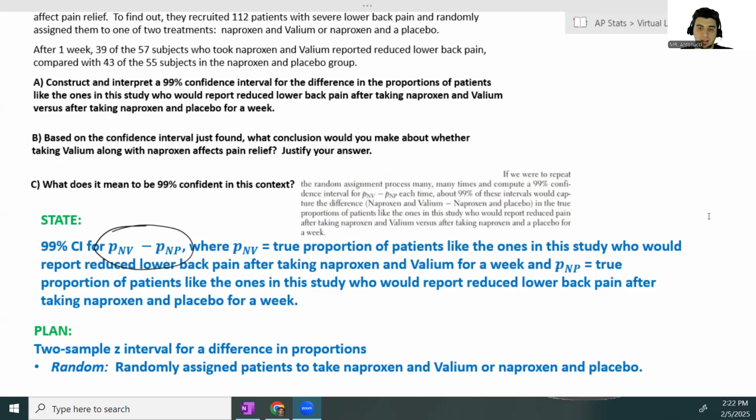Notice you give the full context here. It's interpreted as a long run average, and we give the order of subtraction for the difference there.